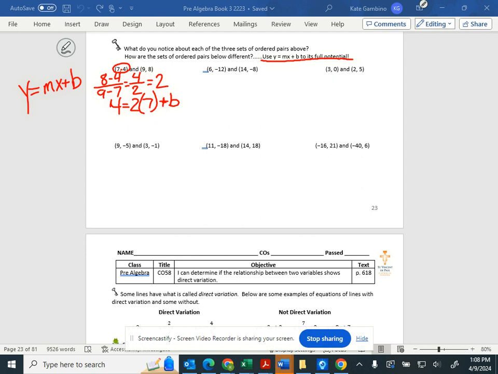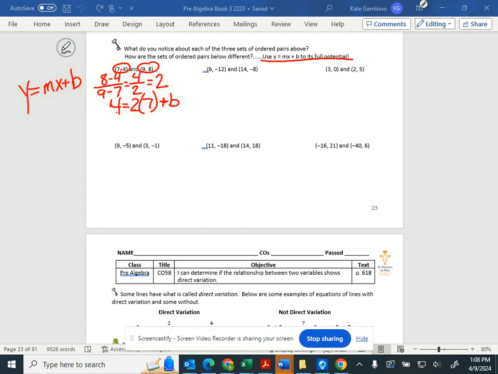I'm filling in my slope that I just found. So those three things are all up here. I need to know the b. How do I find the b now? You could use either ordered pair, like 8 equals 2 times 9 plus b. I picked the first one.